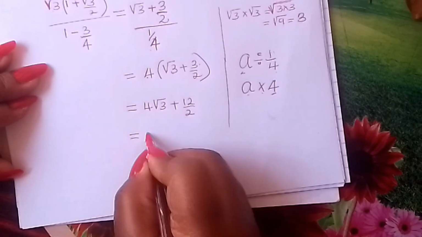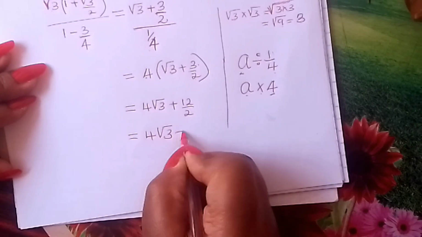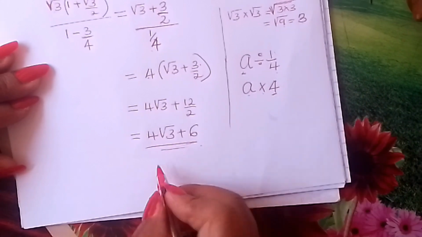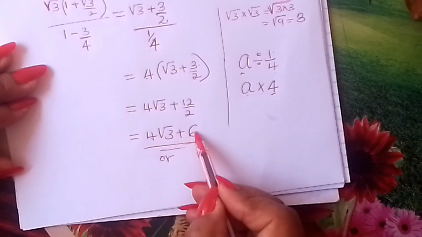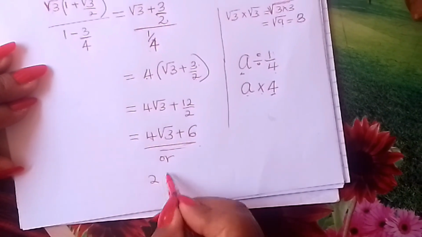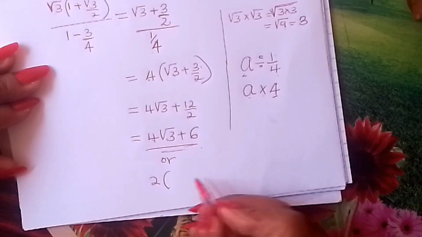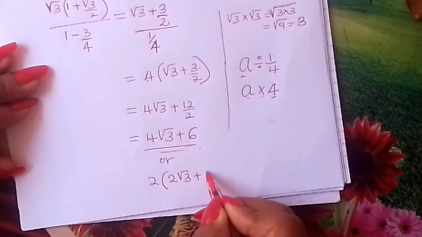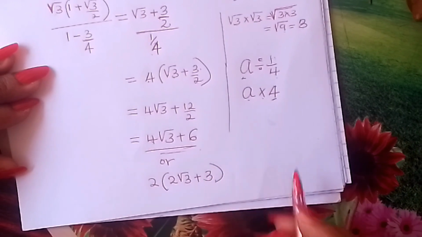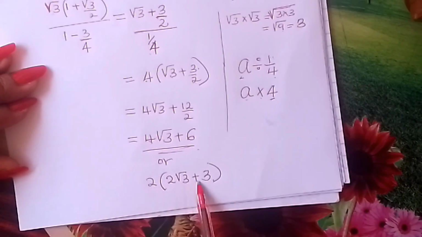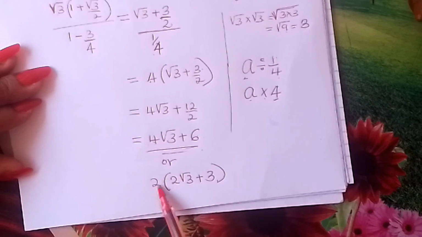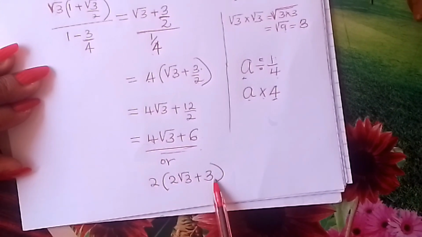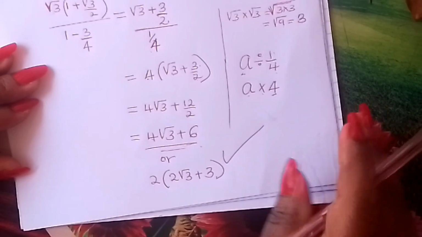And therefore we write 4 root 3 plus 6 this way, or you may decide to remove the common term, which is 2, and therefore you are left with 2 root 3 plus what, learner? Plus 3. So you can either write it that way, or you can simply remove the 2, which is common, and you will be left with 2 root 3 plus root 3. And there we have our answer.